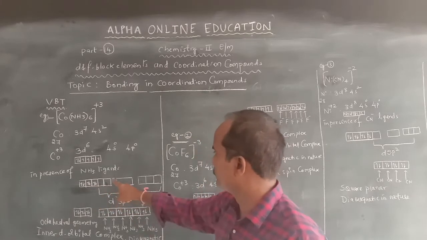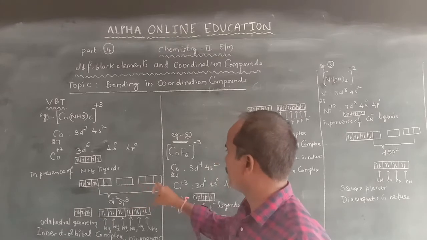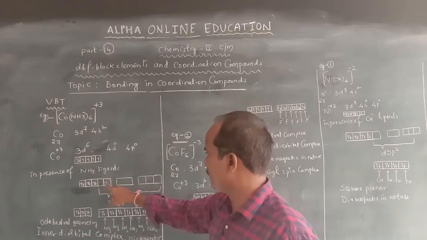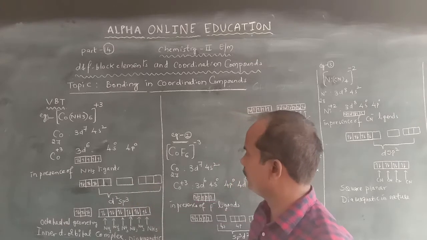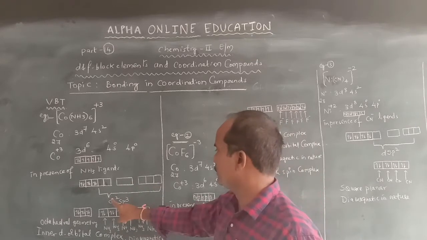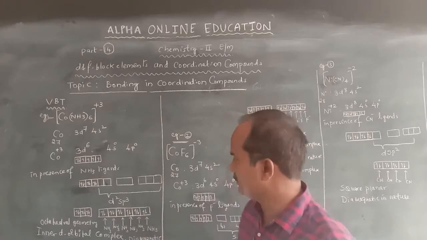Then the 4s and 4p orbitals, together with 2 d orbitals, one s orbital and 3 p orbitals, are involved in d2sp3 hybridization.